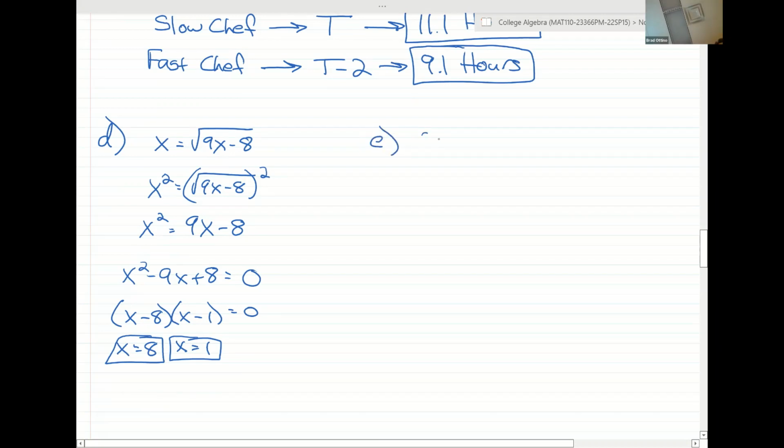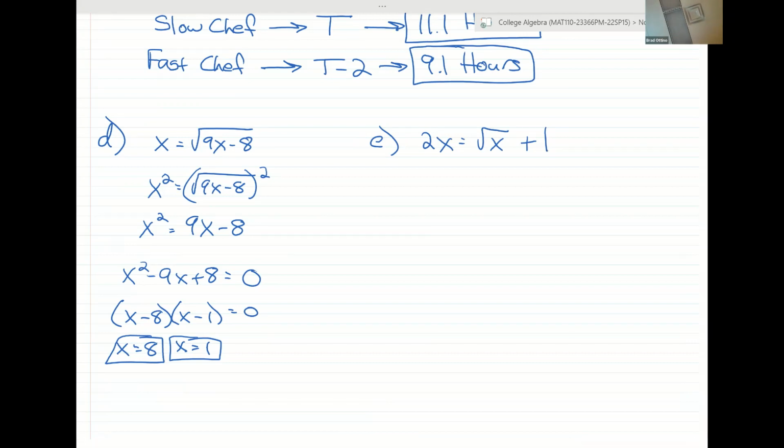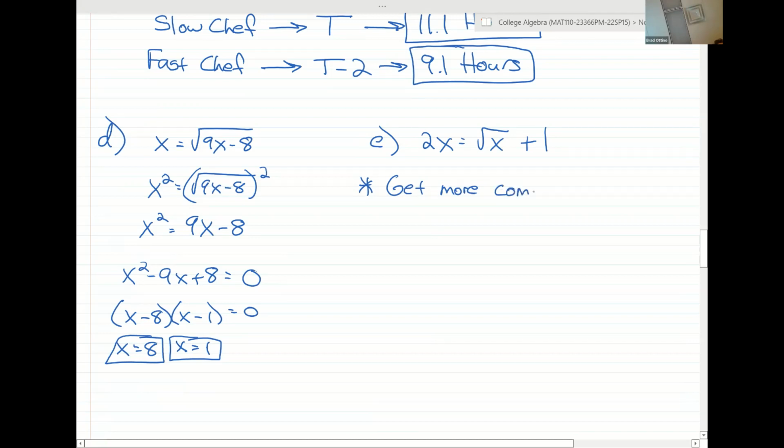What about if we had 2x equal to the square root of x plus 1? Well, we learned how to solve radicals. What I told you is we always want to get the more complicated radical by itself. Once you do that, then you square both sides.